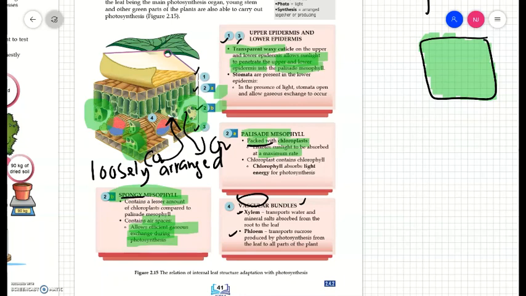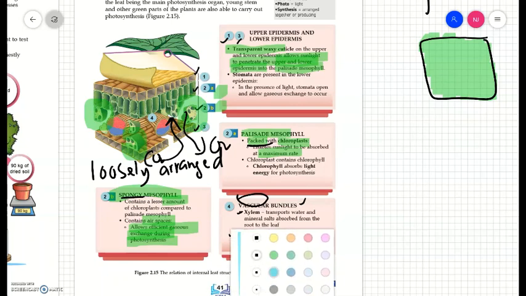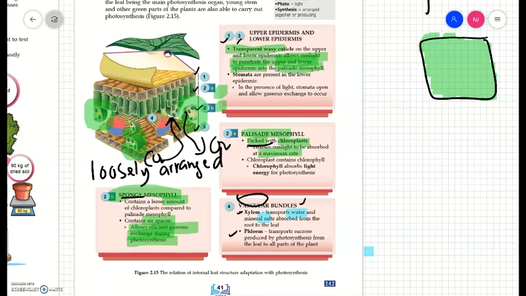Xylem again to transport water and mineral salts from where to where? From root to the leaf, and then phloem to transport food, sucrose. Sucrose can also be called glucose, produced by photosynthesis from the leaf to all parts of the plants.